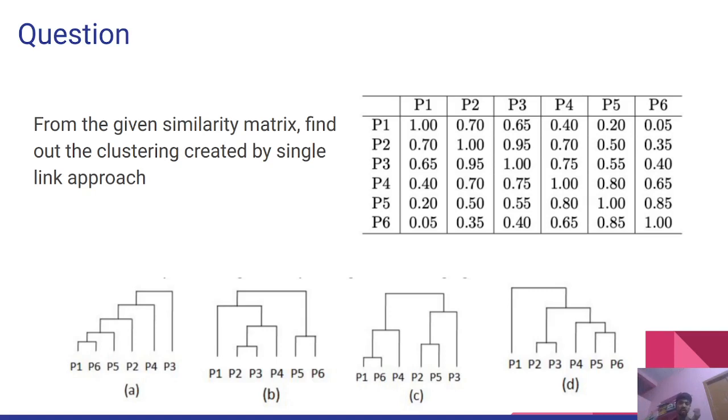With single link, we try to find the clusters with the lowest distance. But here, as we are given a similarity matrix, we have to find the one with the highest similarity. So highest similarity means lowest distance, right? So by that method, which option is correct?